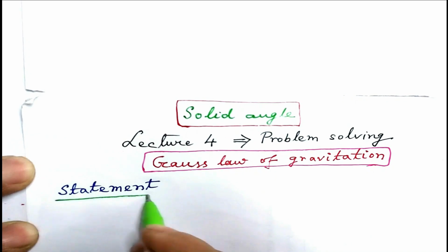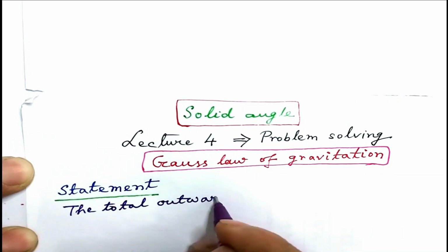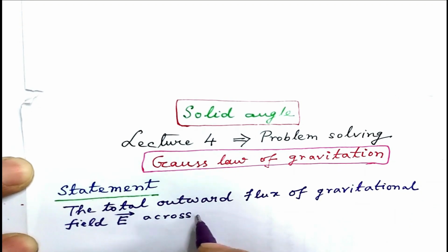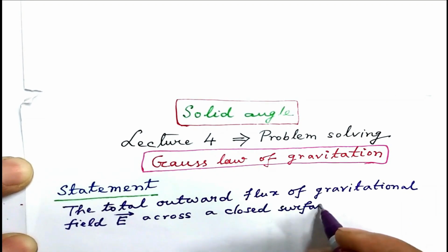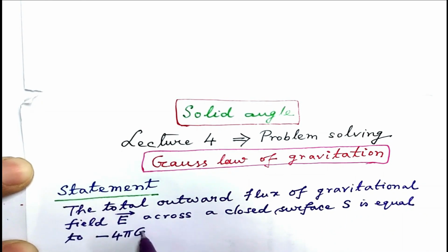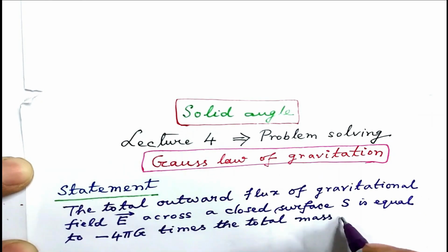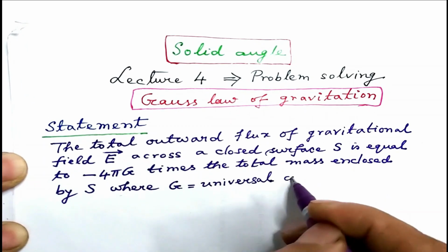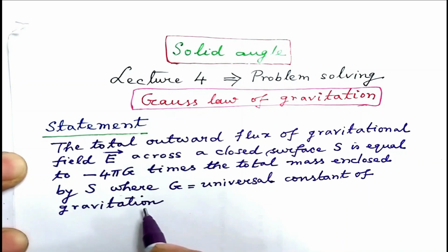Statement of the law. The total outward flux of gravitational field vector E across a closed surface, call it S, is equal to minus 4 pi G times the total mass enclosed by S, where G is the universal constant of gravitation.